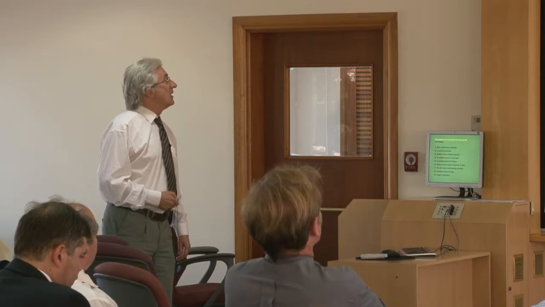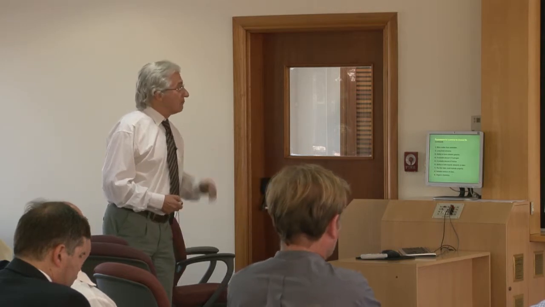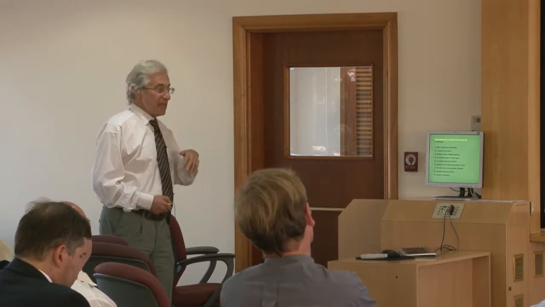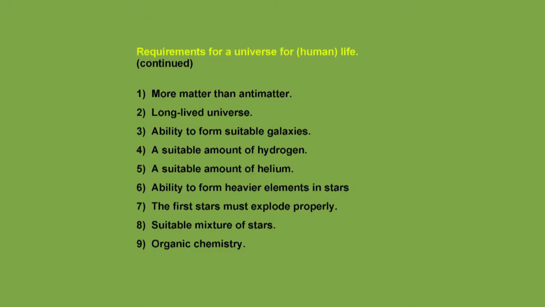Galaxies must form. Hydrogen must form in the right way. Helium, the next element up, that's got to be there. Ability to form heavier elements in stars, that's got to be there because that's what we are made of. The first stars must explode properly. I have to talk a bit about this one.